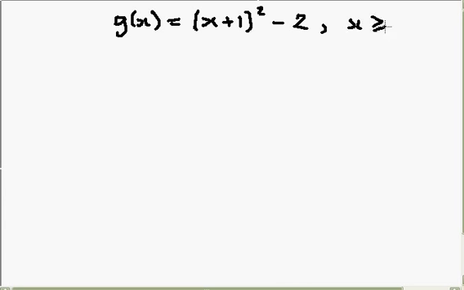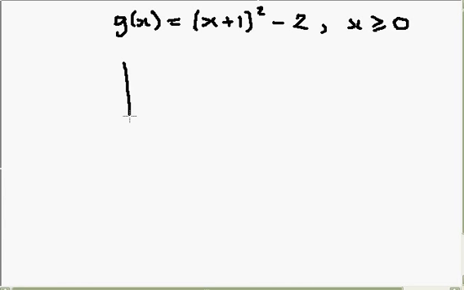In this case, we have g of x is equal to x plus 1 squared, take away 2. So this is another parabola, but the domain is restricted so that x is greater than or equal to 0.